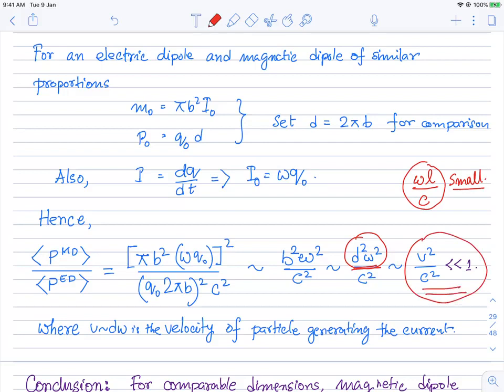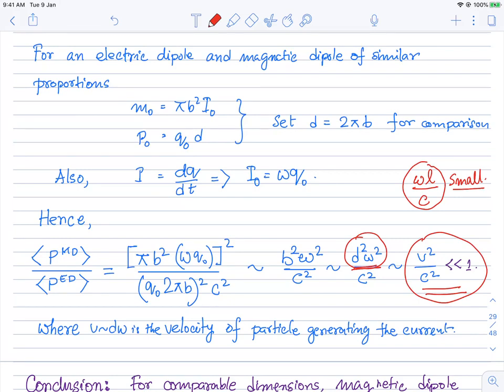Because this is very much less than 1, this electric dipole radiation is much more dominant than magnetic dipole radiation for sources which are of similar dimensions. Of course, there can be a very strong current here and very weak charge here, and in that sense, in a particular situation, magnetic dipole radiation can dominate.